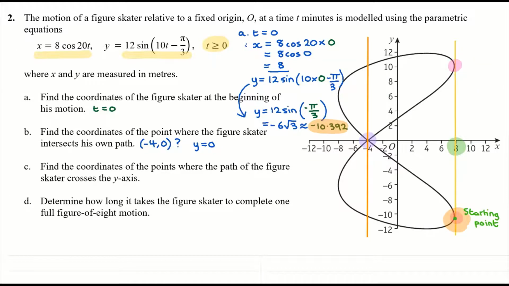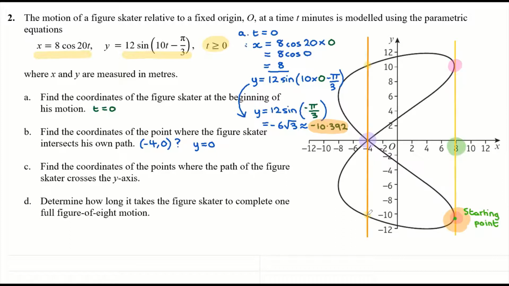There's the one I've just highlighted, and then there's a point here in the top left quadrant and a point here in the bottom left quadrant. So we're actually going to get 3 possible values for t. That's not very useful, really. That means we'd have to look at all 3 cases separately.